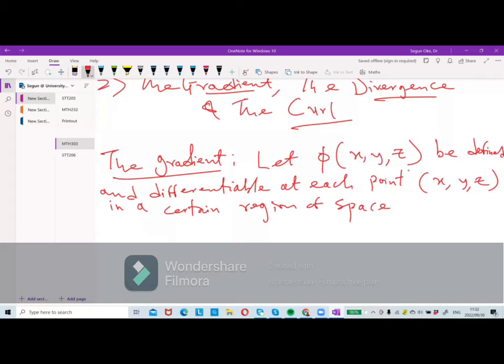That is, phi defines a differentiable scalar field. A differentiable scalar field.